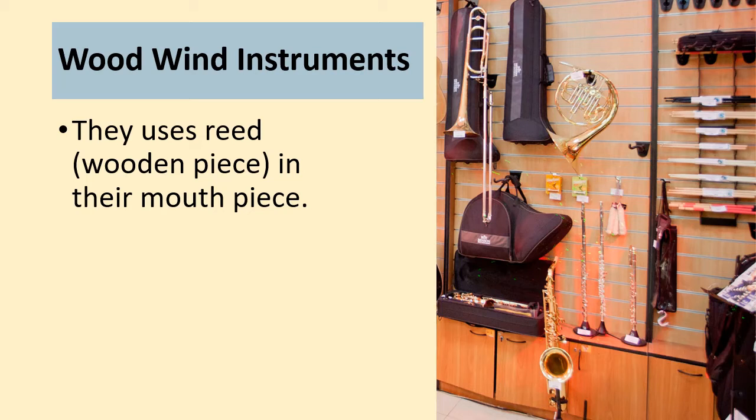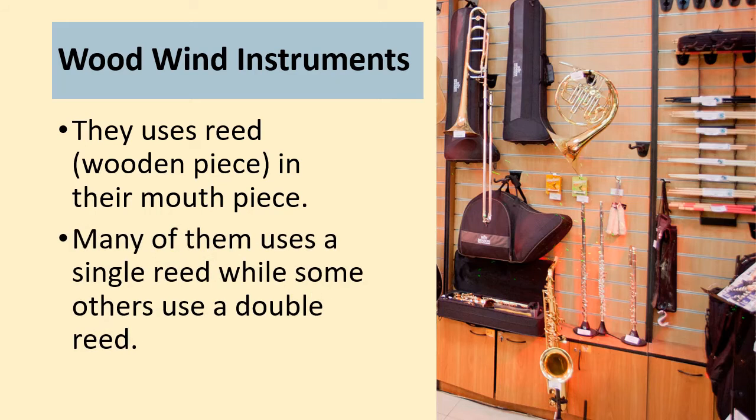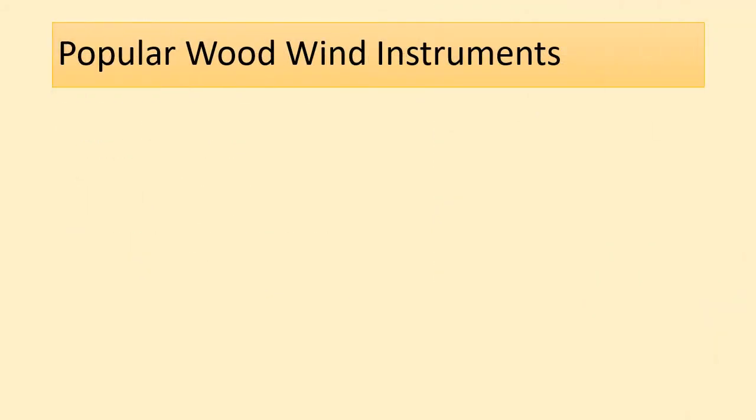Because of that reed placed on the mouthpiece of the instrument, we refer to it as a woodwind instrument. So we have many of them. Most of the woodwind instruments make use of reeds. Some make use of double reeds, some make use of a single reed. So we just look at some of them and see their unique features as well.